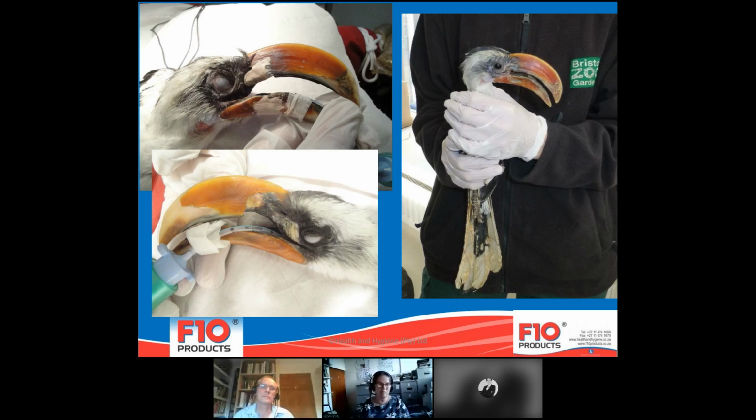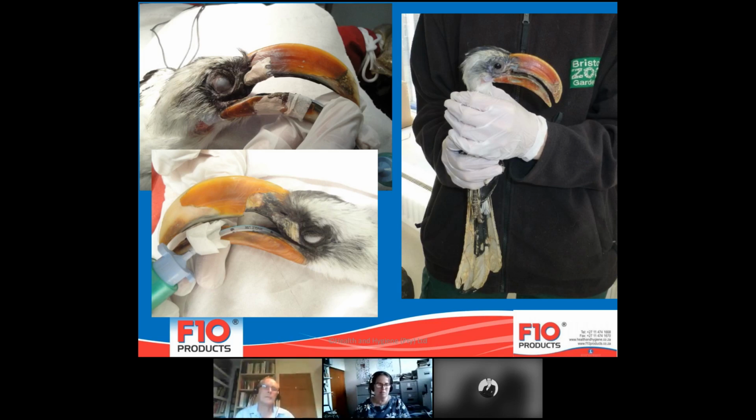And then once we were happy that we'd removed all the necrotic tissue, we actually applied something called Copac, which is this picture here at the top, which is a kind of dental putty as a kind of temporary filler. We had to be quite careful just to mold it around the nostrils there. And then we were able to send him back to his section, but because Copac is quite easy to remove, we were able to have him back for checkups, remove it, just check that there wasn't any infection coming back.